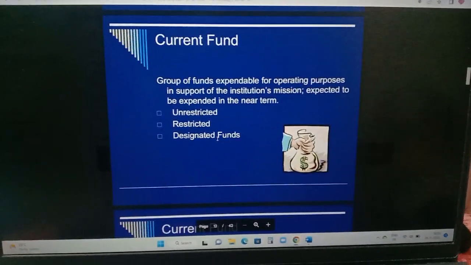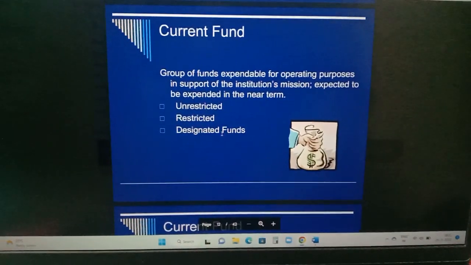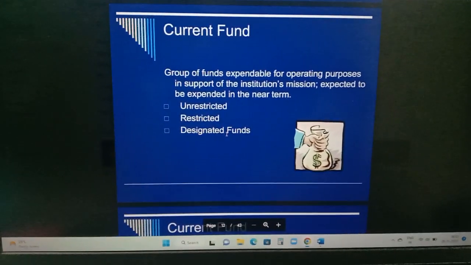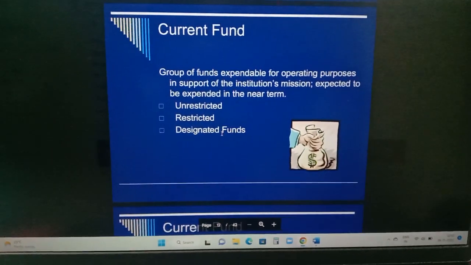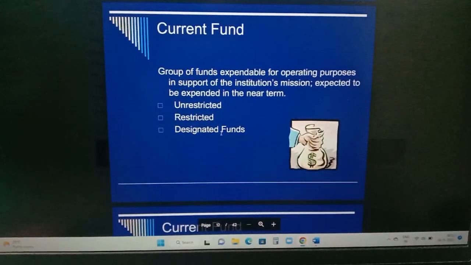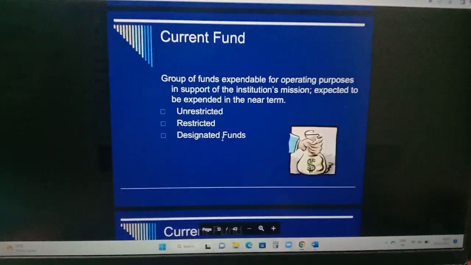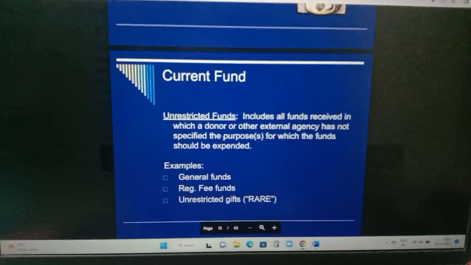What does the current fund mean? A group of funds expendable for operating purposes in support of the institution's mission, expected to be expended in the near term: unrestricted, restricted, and designated funds.